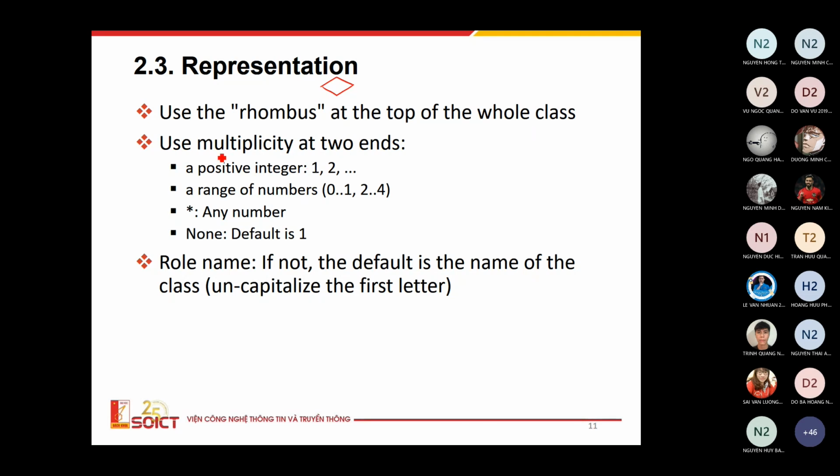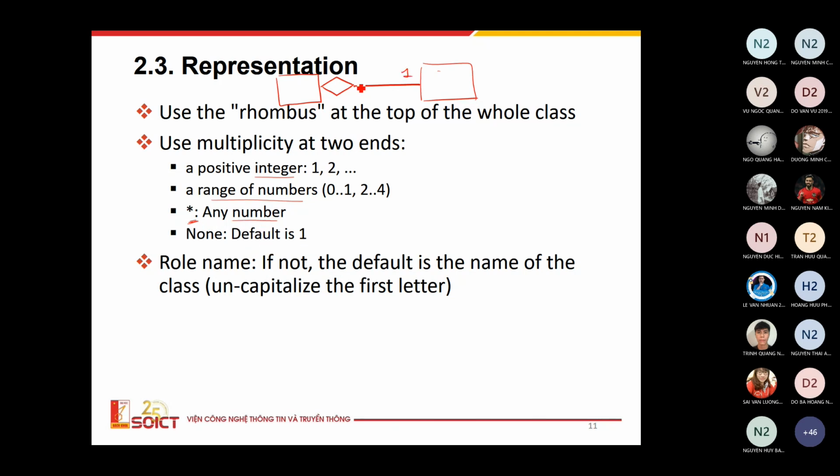And you can use the multiplicity at the two ends of this relation to mark how many objects will be used in this relation. Okay, you can have a positive number or range of numbers, or this symbol to mean any number, and the default is 1.